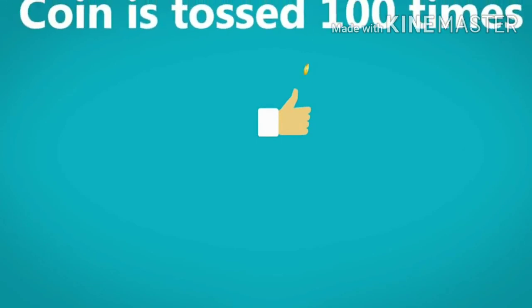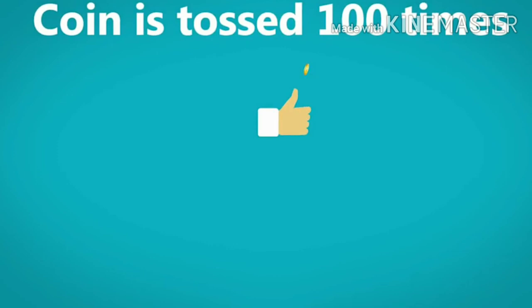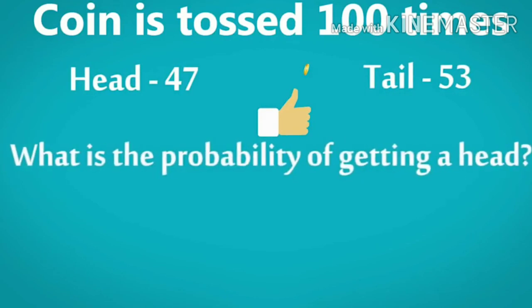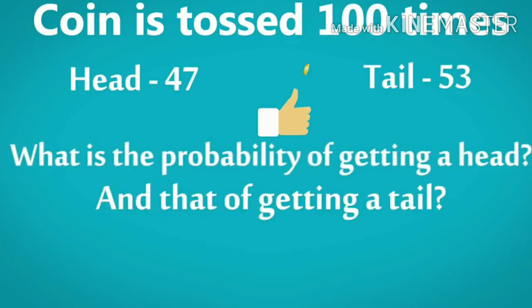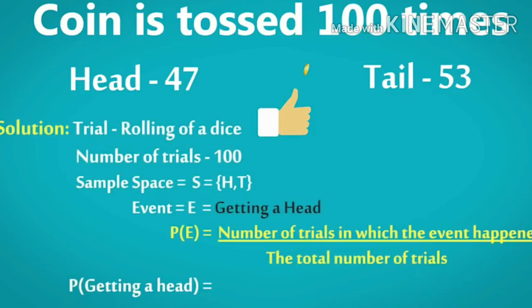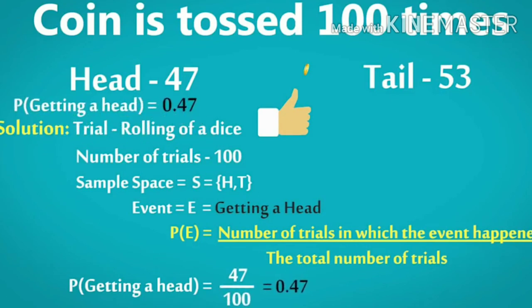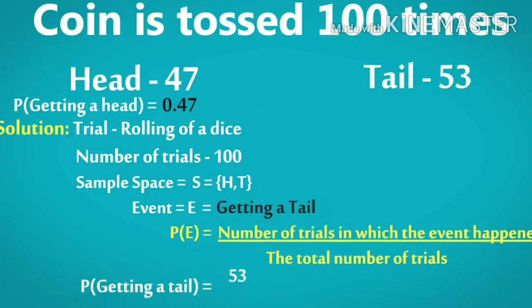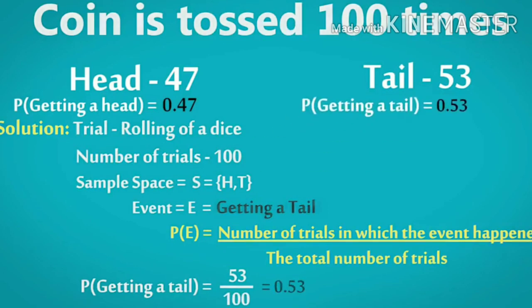Now if you toss a coin 100 times and count the number of heads and tails, head appeared 47 times and tail appeared 53 times. What is the probability of getting a head and that of a tail? The number of trials is 100, so the probability of getting a head is 47 by 100, equal to 0.47, and the probability of getting a tail is 53 by 100, equal to 0.53.